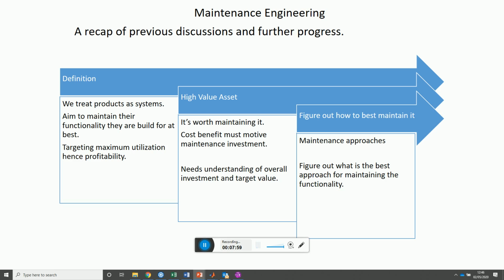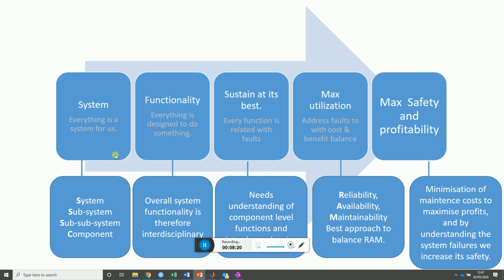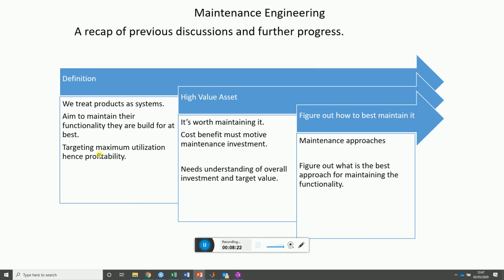So we have systems. Systems are nothing but fulfilling functions, right? They are built for a specific functionality. And through maintenance, what we are trying to do is targeting maximization of this functionality.